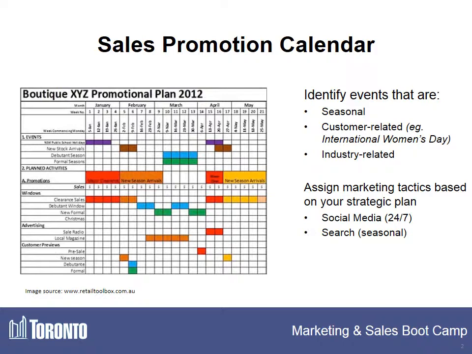Similarly, if you're a personal trainer or a yoga instructor, most people know that January the 1st is when all the New Year's resolutions start, and that's a good time for you to also be helping people achieve their health and physical goals. So determine what's relevant to your consumer and then build a calendar around it.